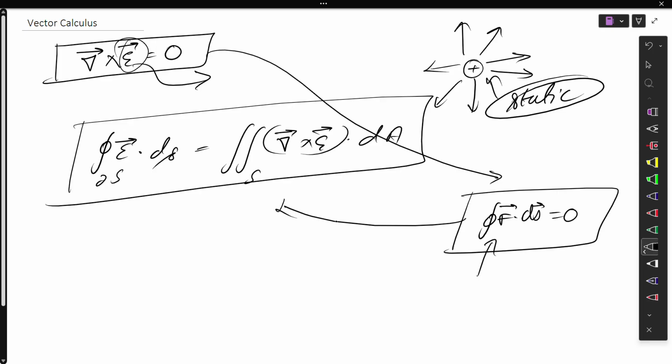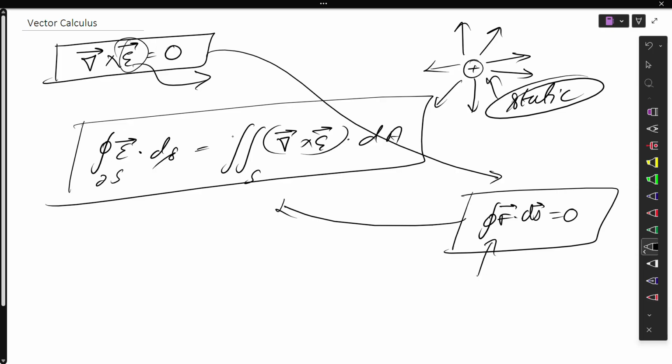The second question that arises is how exactly do we deal with it? So let's start from the very top. The main question is, what does it mean for a field to be conservative? As we have already discussed, the answer lies in the curl.